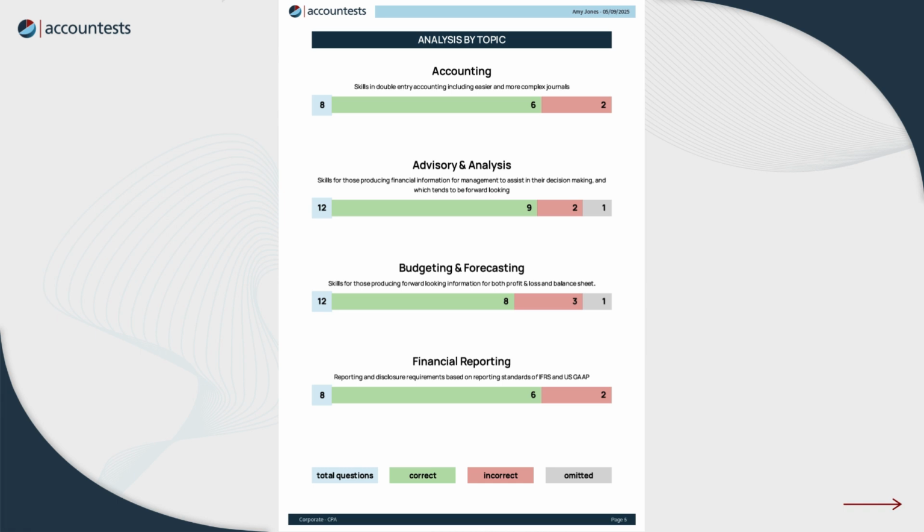Budgeting and forecasting is using the profit and loss and balance sheet and creating forward-facing financial forecasts. And financial reporting is looking at the financial reporting standards and covering issues also dealing with US GAAP.